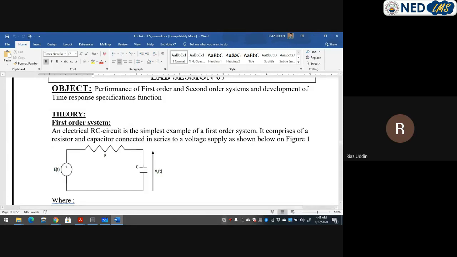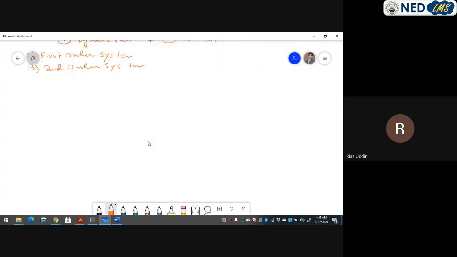So let's have a brief introduction of the chosen first order system. Here you can see that first you need to find the transfer function of this first order system. For example, this is your RC circuit where a power supply is connected, with plus and minus, and this is your V in, and the voltage across the capacitor could be your V out.